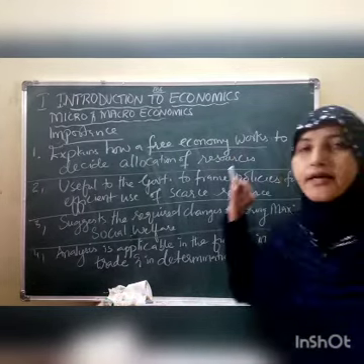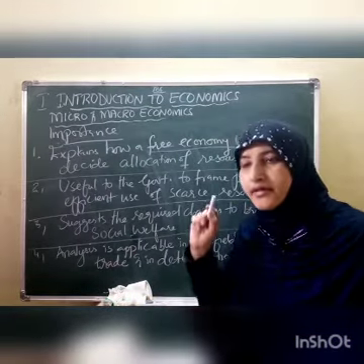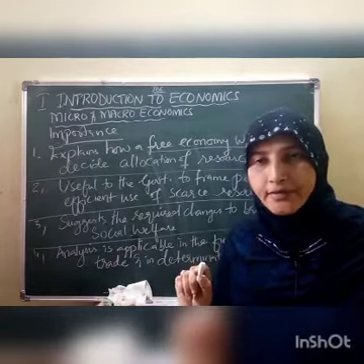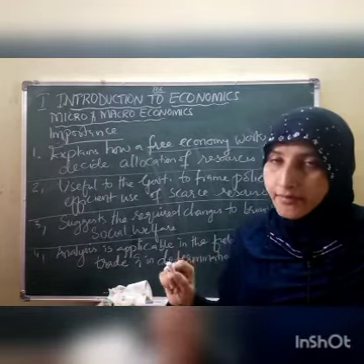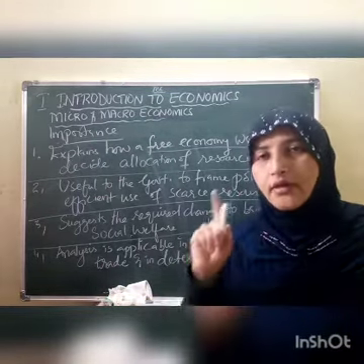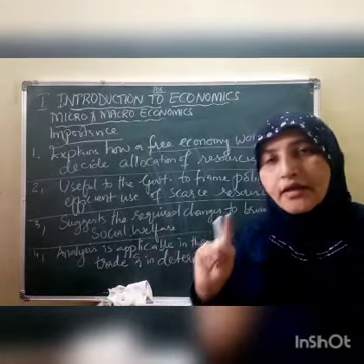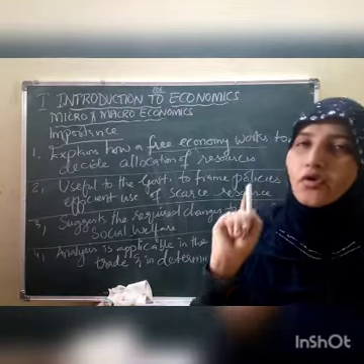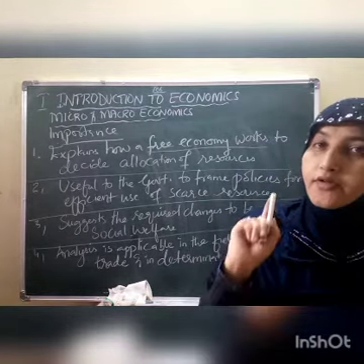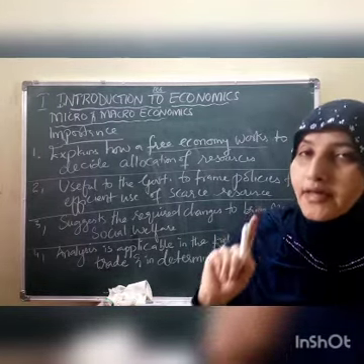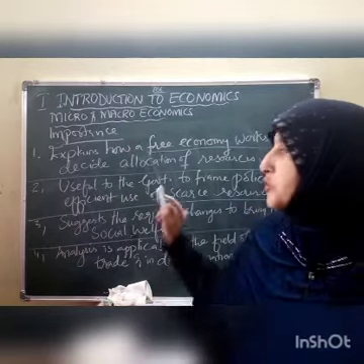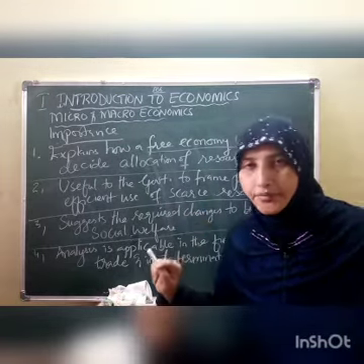Because it deals with the individual units, not with the whole country, it decides which unit gets how much of the resources. So this economics helps us decide how many resources are used by the individual units.